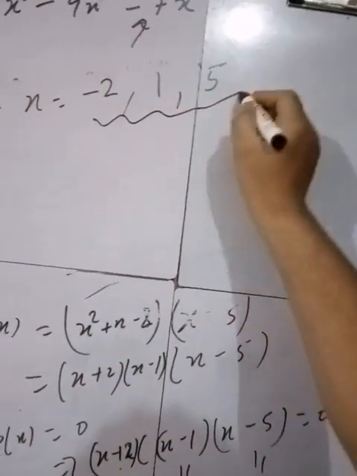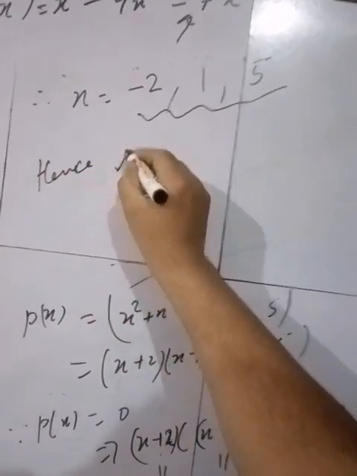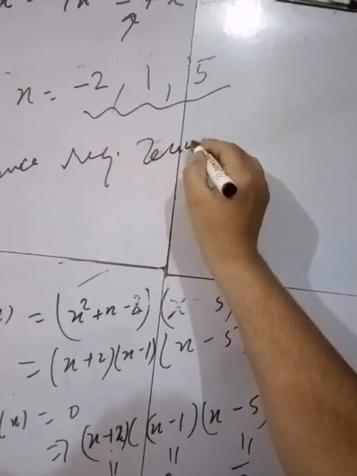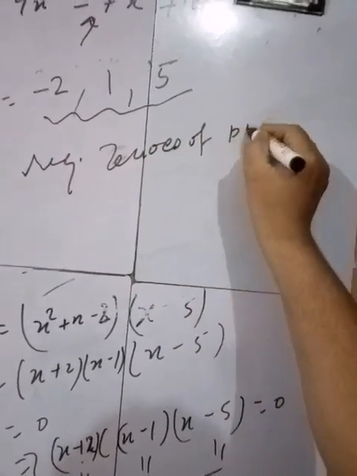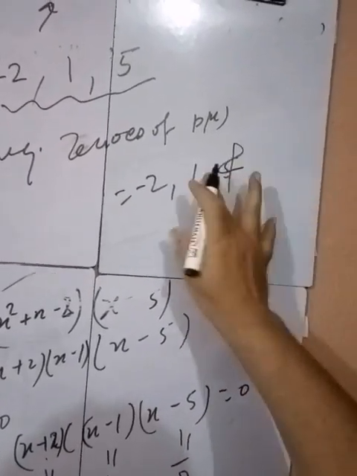So these are my required zeros. Hence the required zeros of Px are minus 2, 1 and 5. This is my final answer.